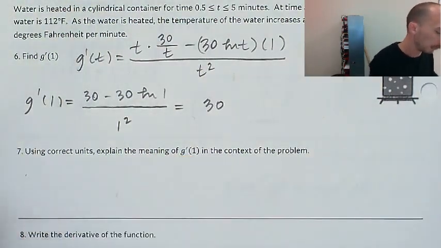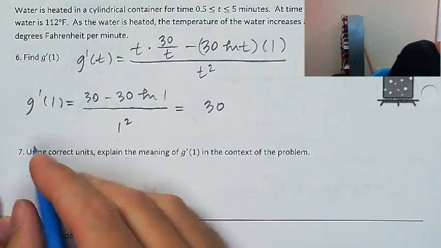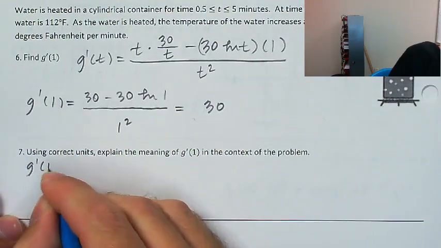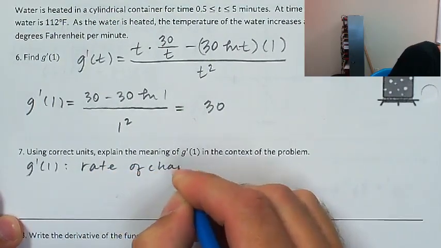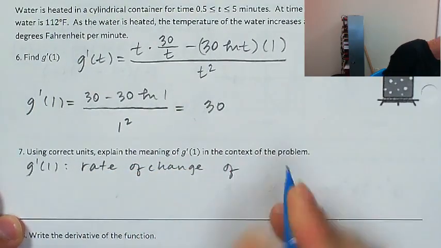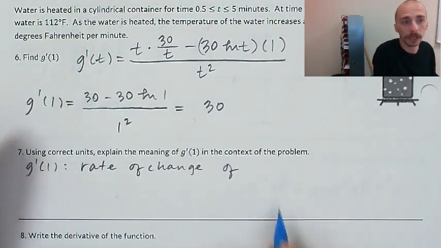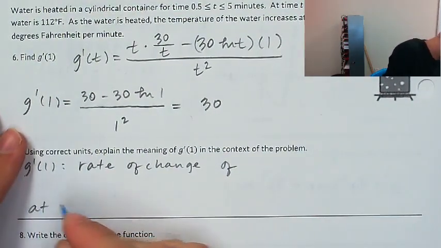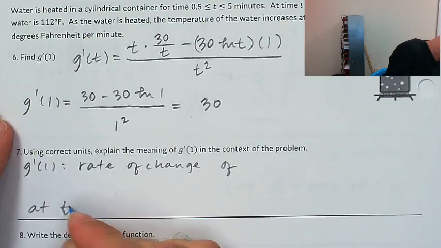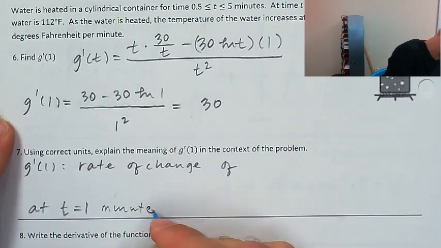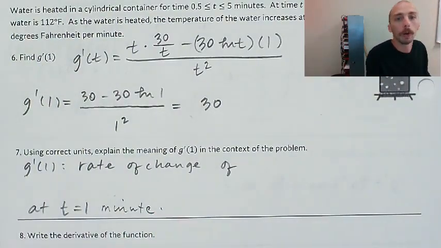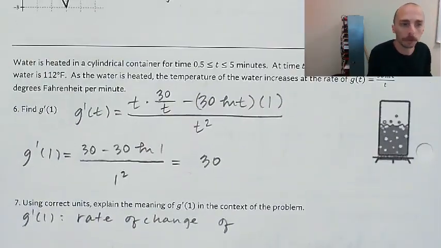But we're going to explain the meaning of g prime of 1. So it's a derivative, so it's a rate of change of something. And then I'm going to insert language in a second. At time t equals 1 minute, I think, yeah. All right, now I'm going to steal the language from the statement of the question, right?